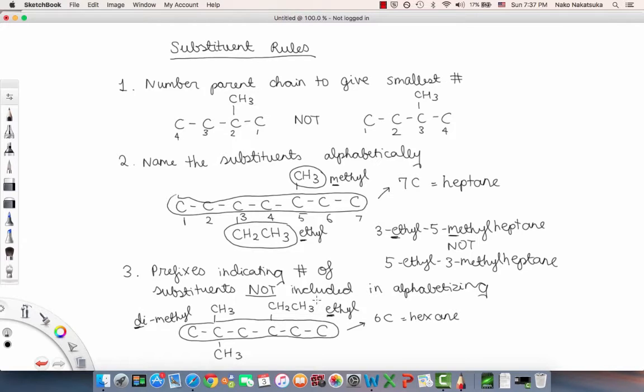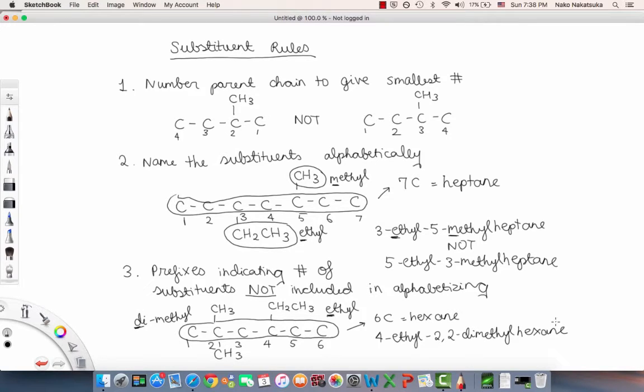So when I number these guys, I'm going to go 1, 2, 3, 4, 5, 6, but I'm going to name the ethyl first. So it's going to be 4-ethyl-2,2-dimethylhexane.